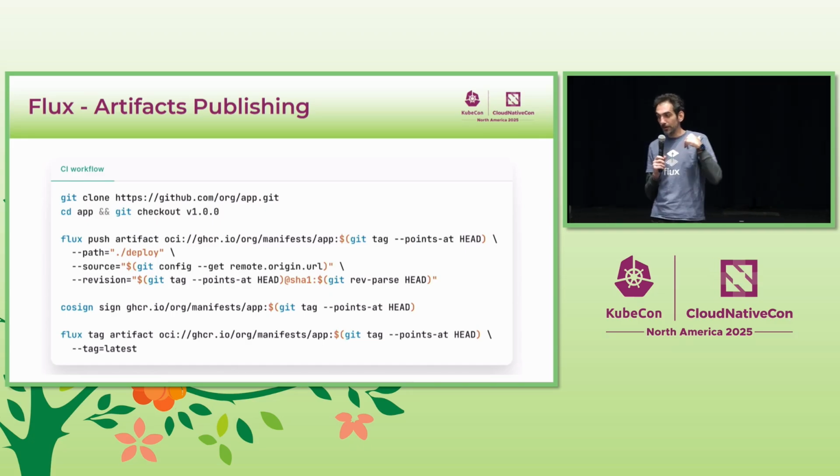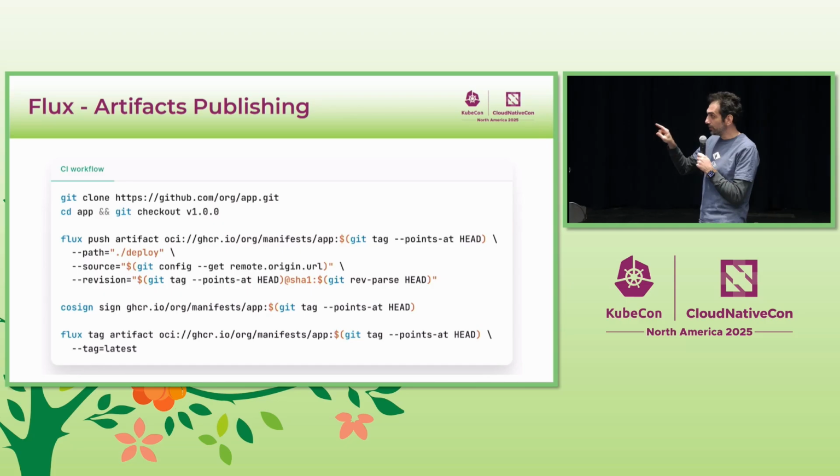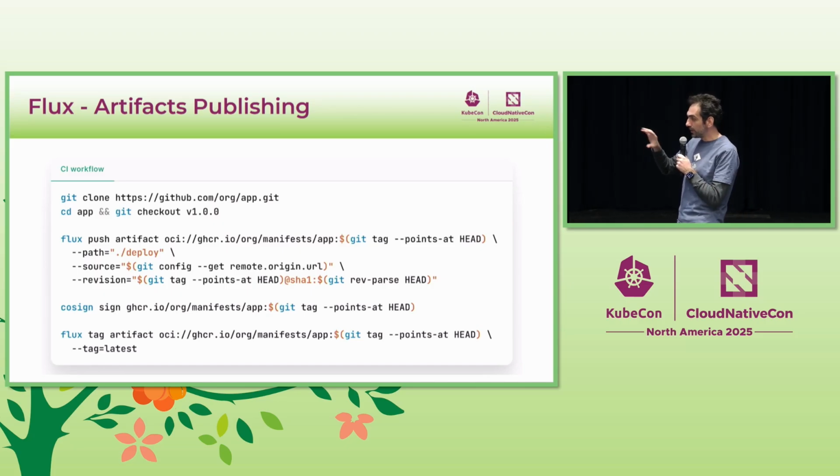When you push content to the registry, maybe you want to know on the cluster which was the original source of the artifact contents. And this is how you can do it with the Flux CLI, to add a trace where you snapshot the origin, what is the Git repo, what is the SHA, what is the branch.